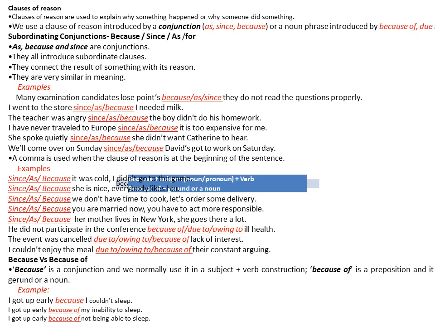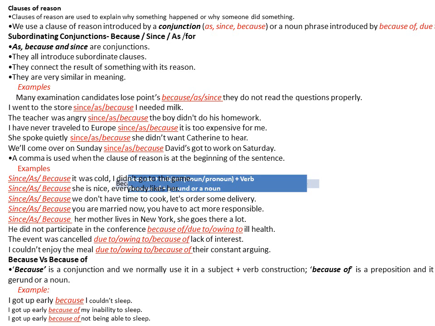While we say adverbial clauses of reason, they are used to explain why something happened or why somebody did something. We use the clause of reason to introduce a conjunction.